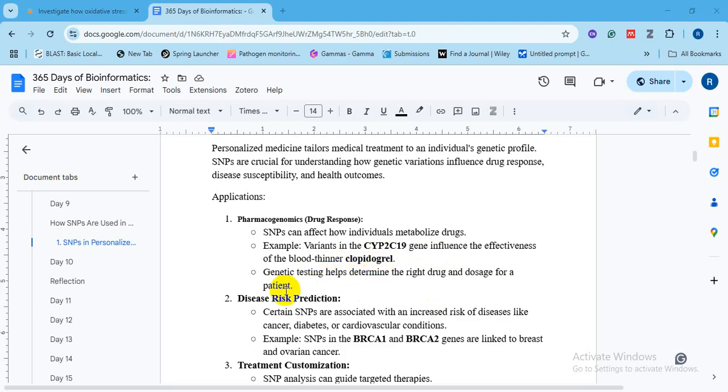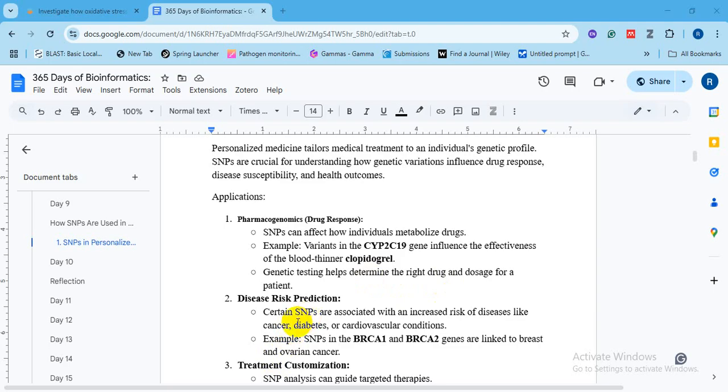So genetic testing helps in determining the right drug and the right dose for this specific patient.